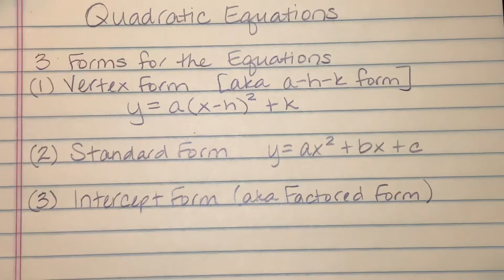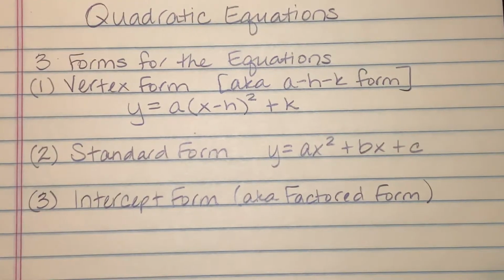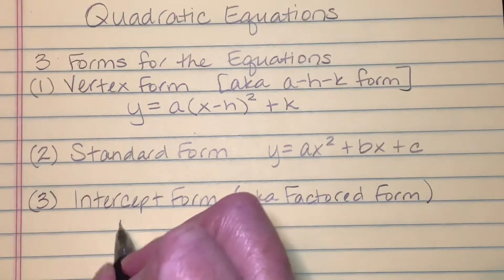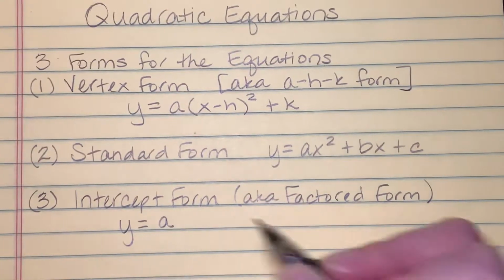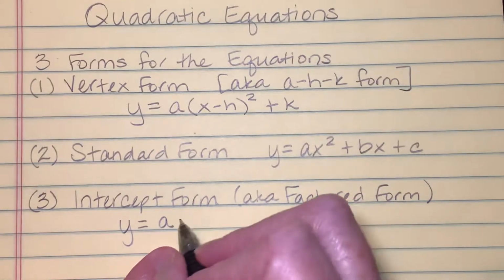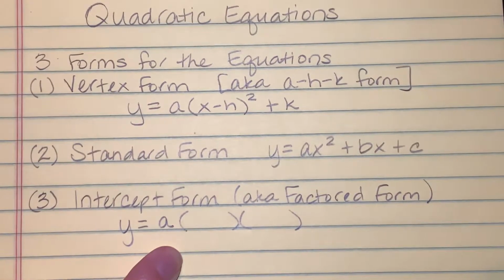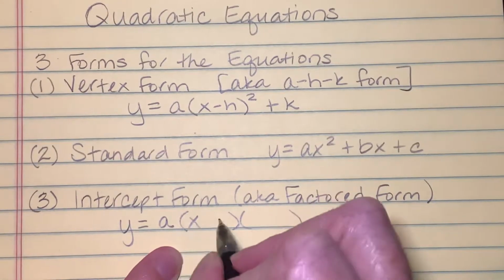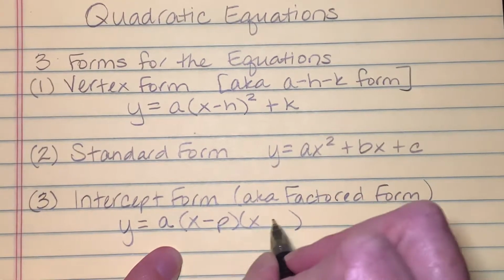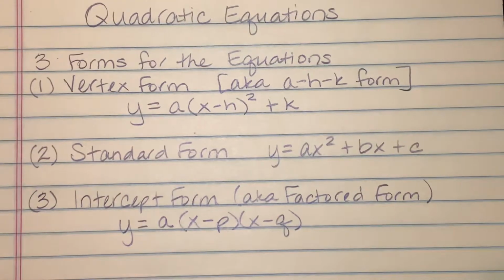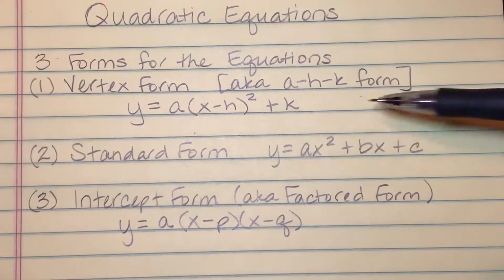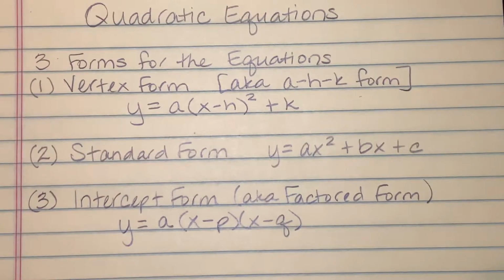And if you think about that we just spent the last notes factoring, this equation is actually y equals a. A is always out front, but this is going to have the factors in it. So in order to denote the factors, we say x minus p and x minus q for some reason. And so we're going to, over the next couple of weeks, look at these three different forms about quadratics.